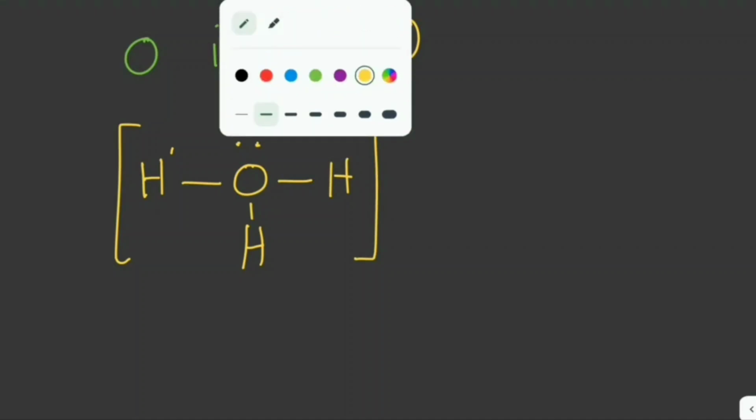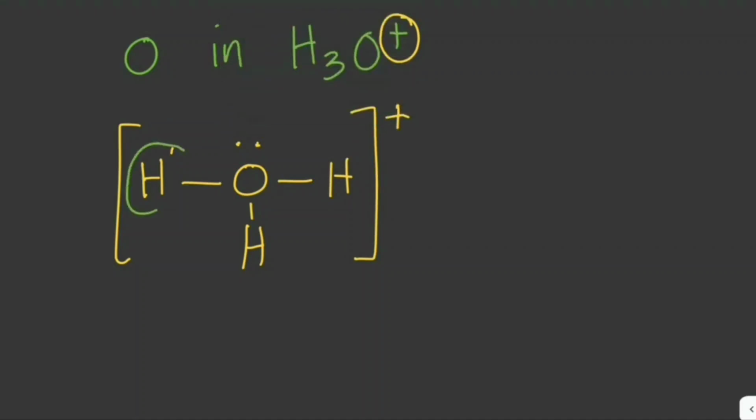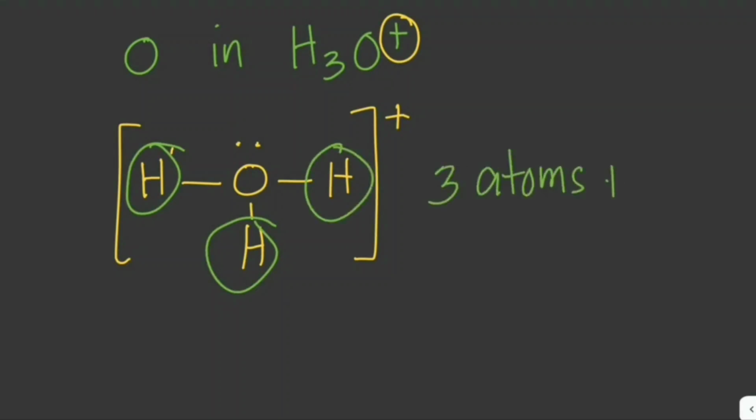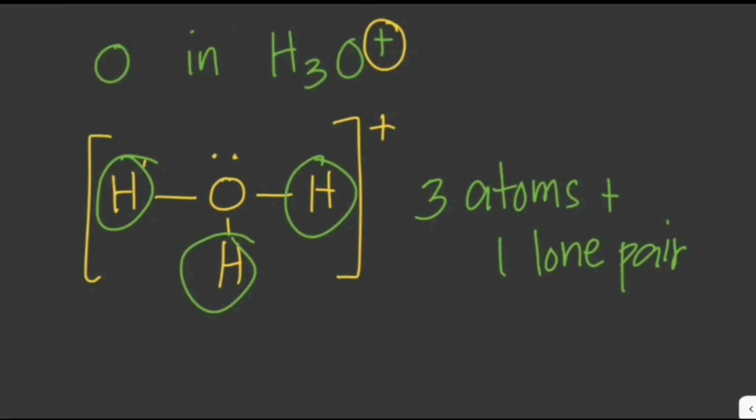Alright, so we count the number of atoms attached to oxygen. There are 3 hydrogen atoms plus 1 lone pair. So this would give us a total of 4 groups, or the steric number.